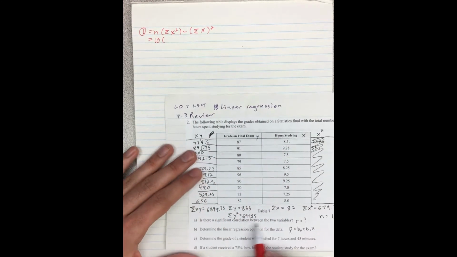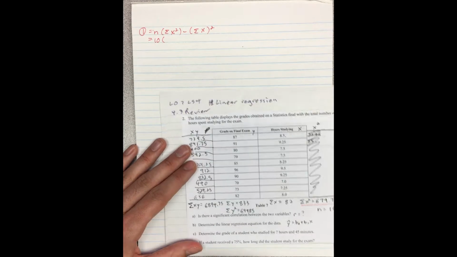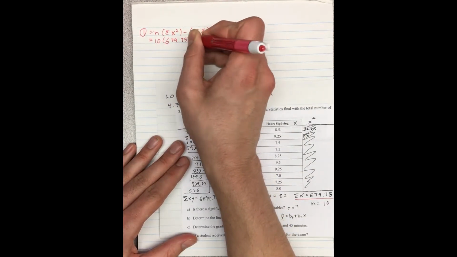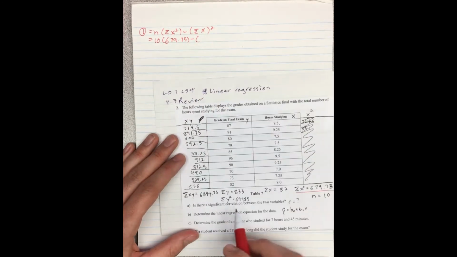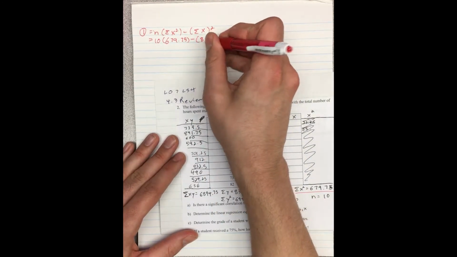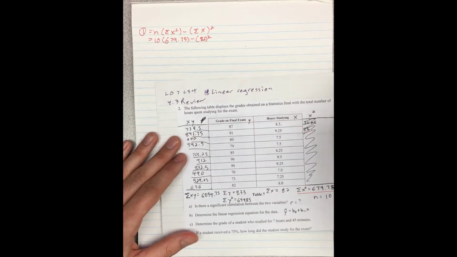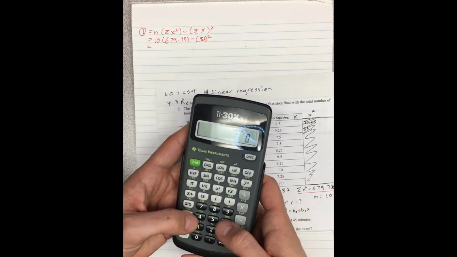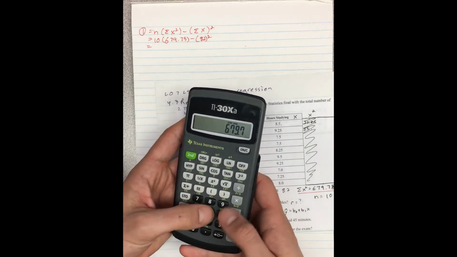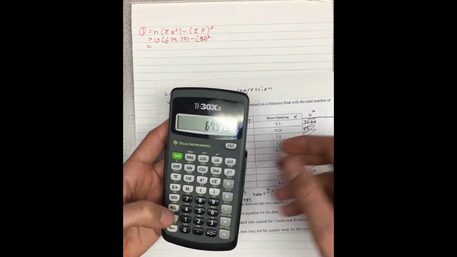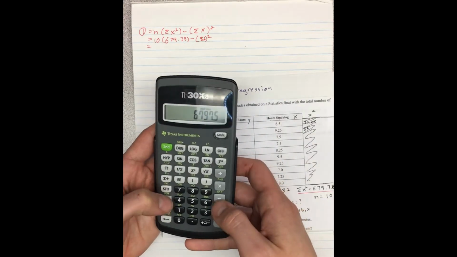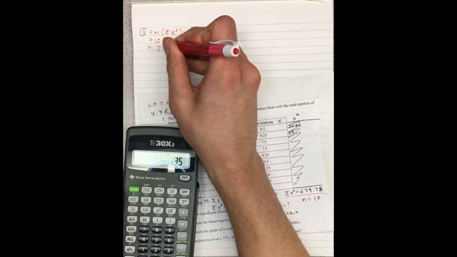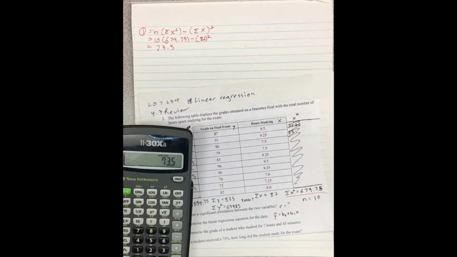The sum of x squared is right here, 679.75, minus the sum of x, which is 82, all squared. Get my calculator out. We have 679.75 times 10 minus 82 squared. So I get 73.5 for 1.